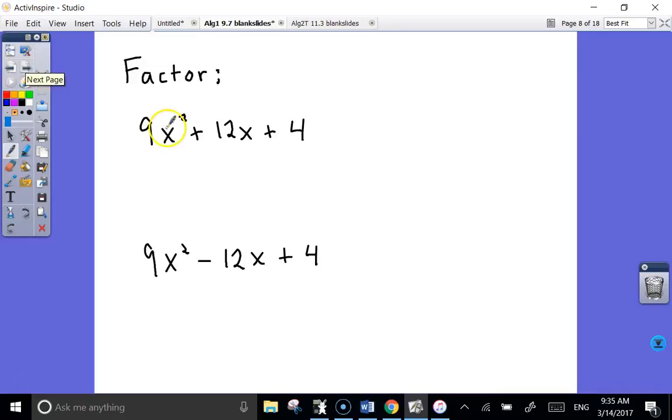But what you have to look at here is that it's a trinomial, first of all, so it's not a difference of squares. The first term looks like a perfect square. The last term looks like a perfect square. So what is it that's being squared in this first term? It's 3x. What is being squared in the last term? It's 2. So why don't we try 3x plus 2 squared.